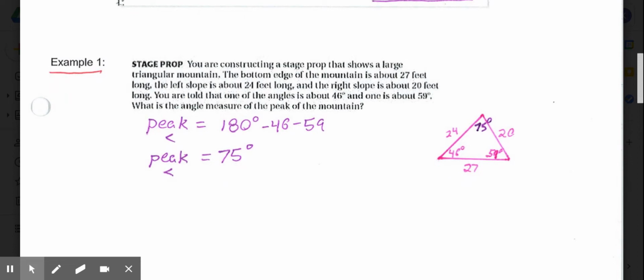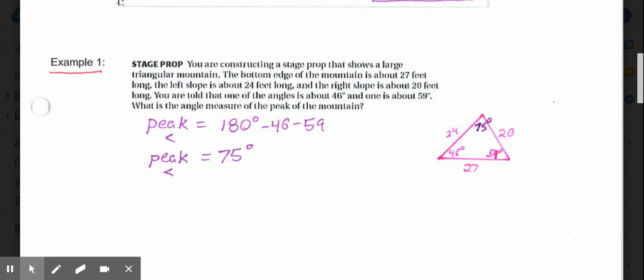So example 1 is a word scenario, and it says you are constructing a stage prop that shows a large triangular mountain. The bottom edge of the mountain is about 27 feet long. The left slope is about 24 feet long, and the right slope is about 20 feet long.